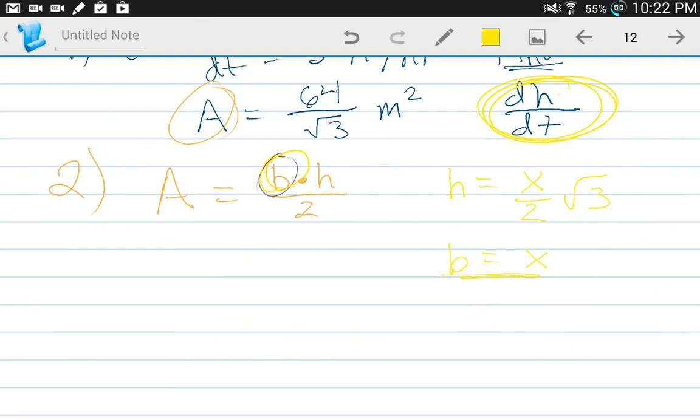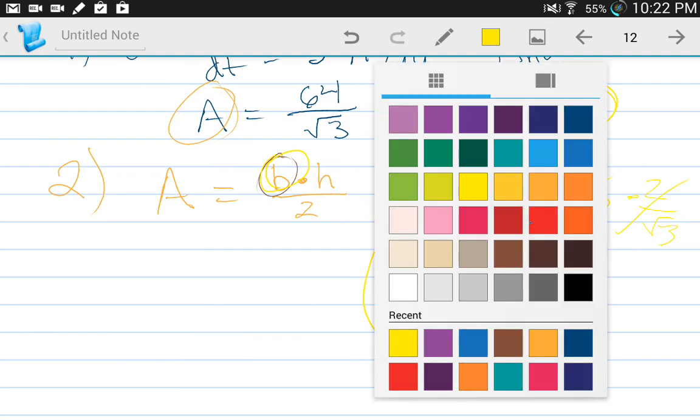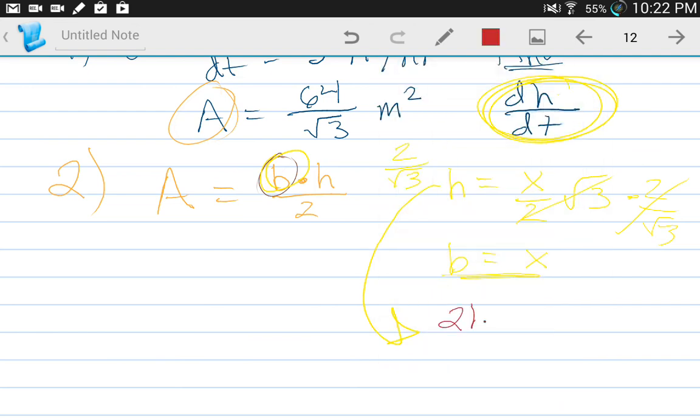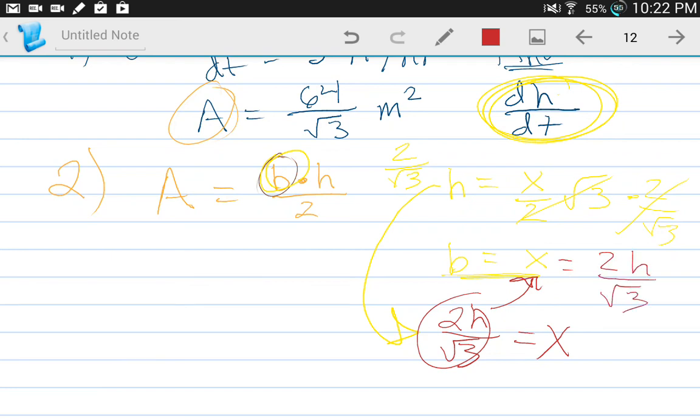So I'm going to solve this for h, and I'll multiply by 2 over radical 3 to solve for x in terms of h. And we'll get 2h over radical 3 equals x, and that's what the base is equal to. So we can say the base is 2h over radical 3.